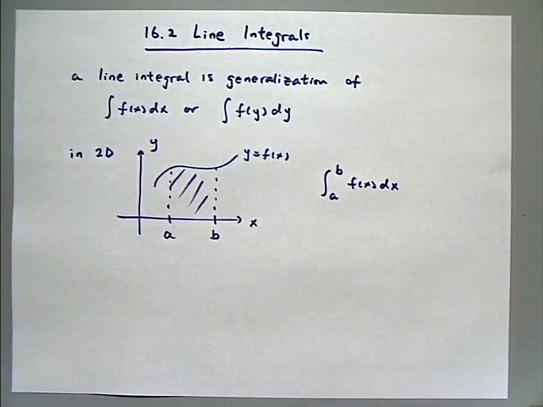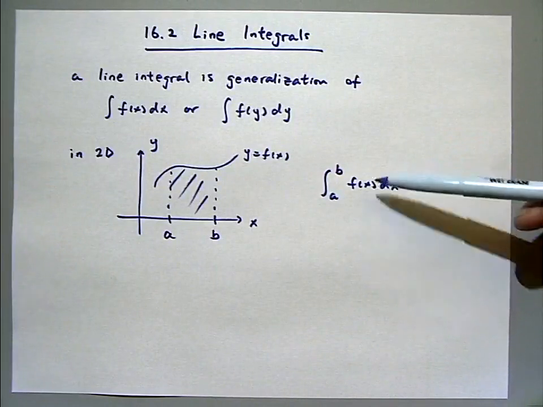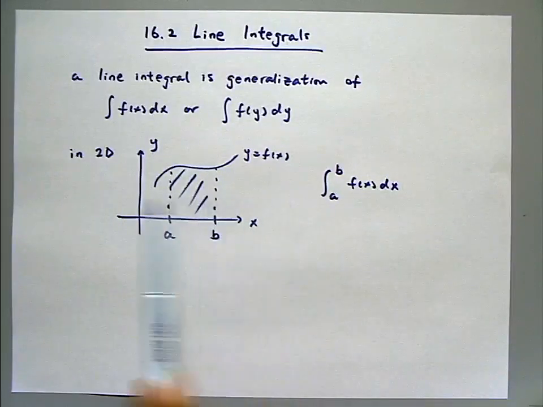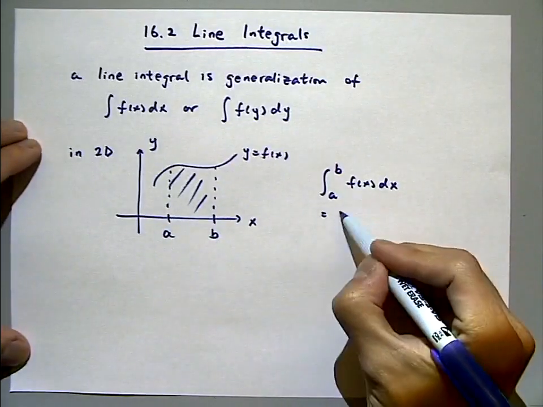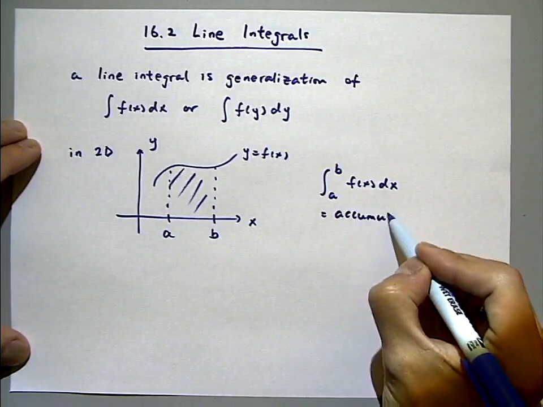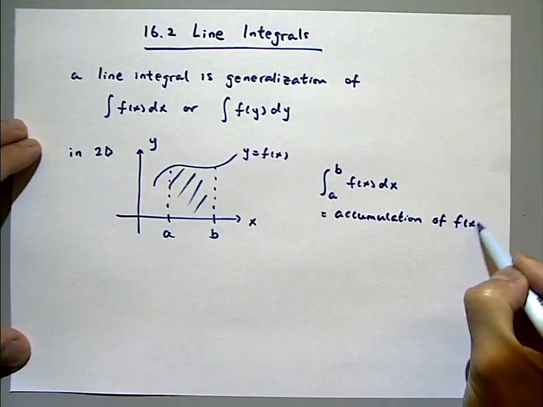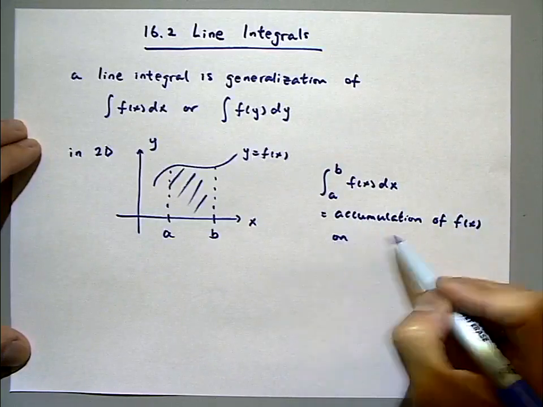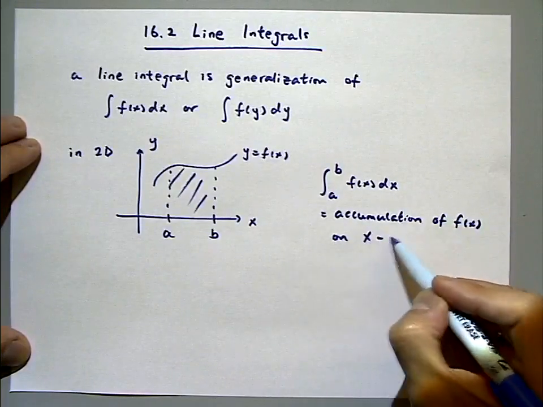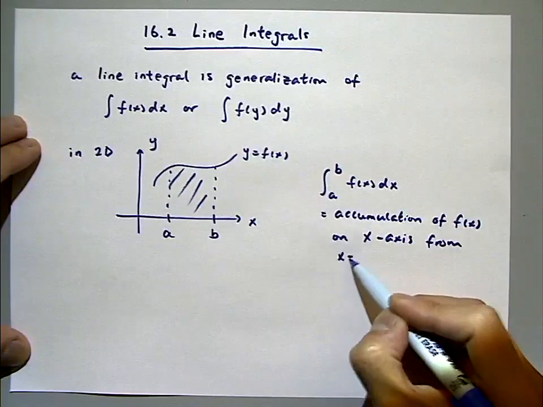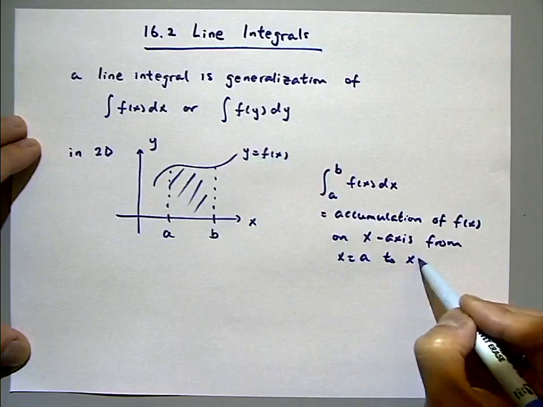So what we're really doing, remember, is to accumulate the value of f of x as we march along some kind of line segment on the x-axis. Accumulation of f of x on the x-axis from x is equal to a to x is equal to b.